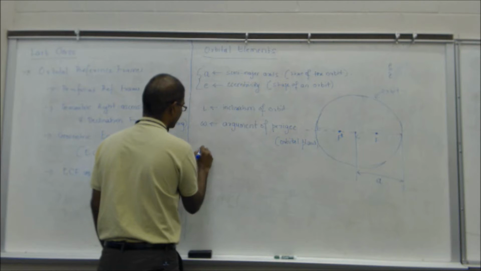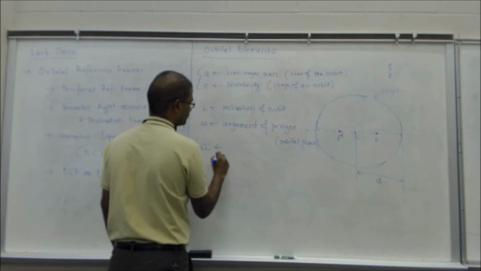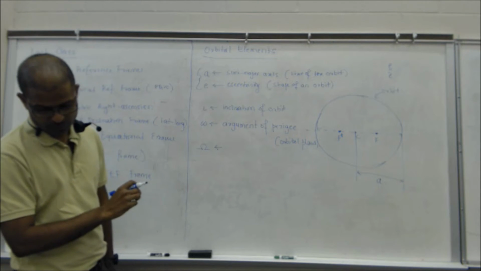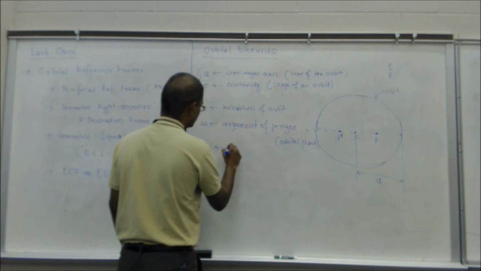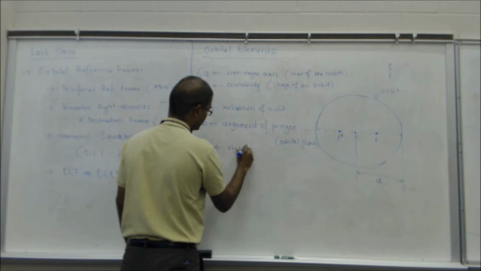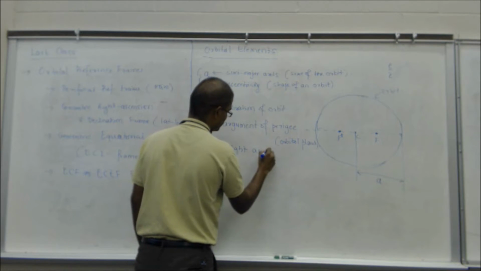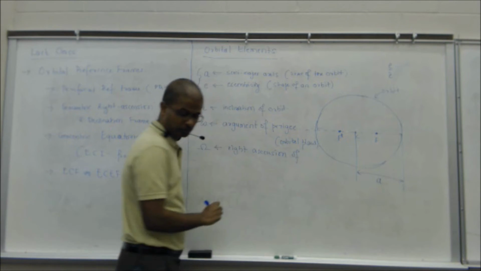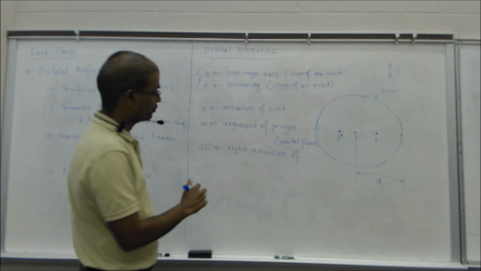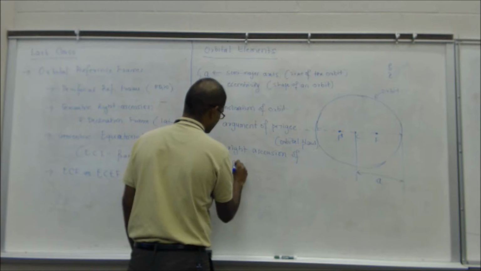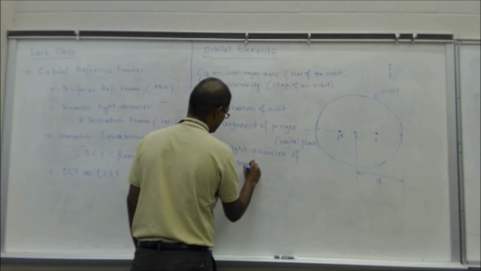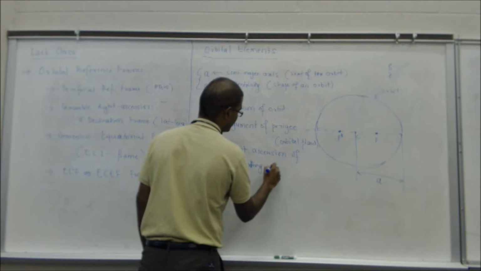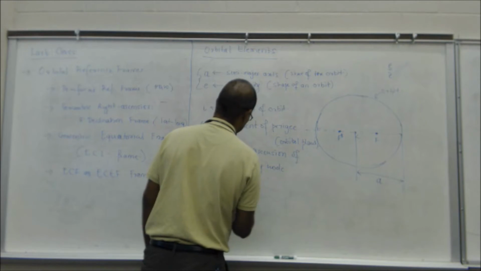The next one is cap omega, which is called the right ascension of the ascending node. Okay.